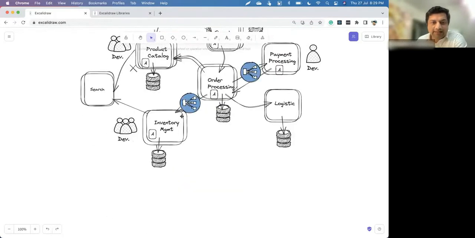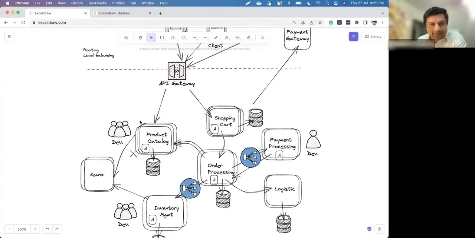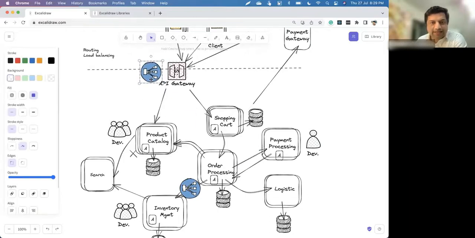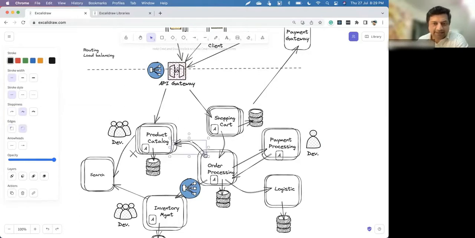Now, rather than individual services calling each other, they can make a call via the API gateway to the order processing service or any other service. They may not talk directly; they will all communicate via the API gateway, because all the APIs are present here.